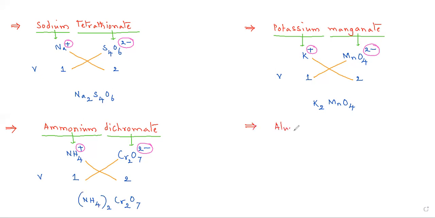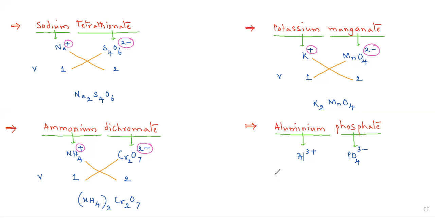Aluminium phosphate. Right. See, the formula of aluminium ion is Al3+. Right. The formula of phosphate ion is PO4 3-. Right.